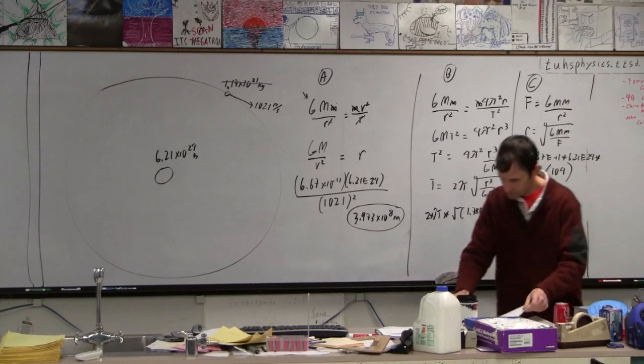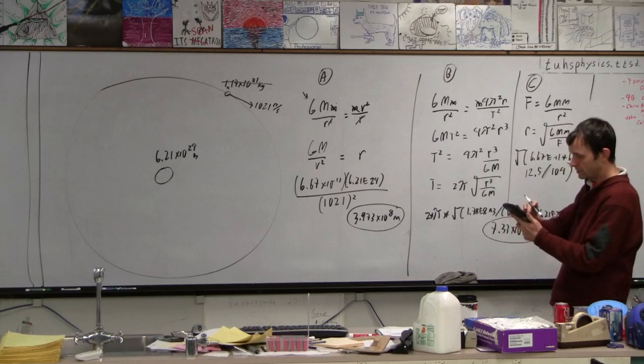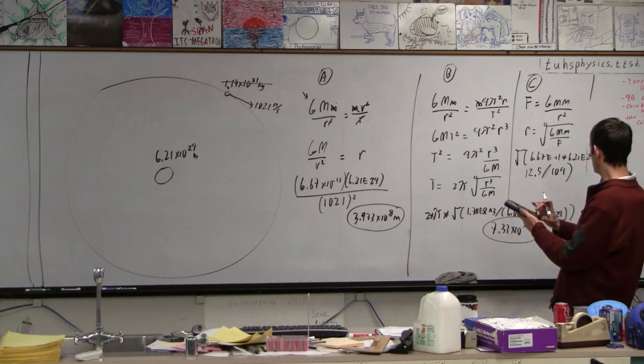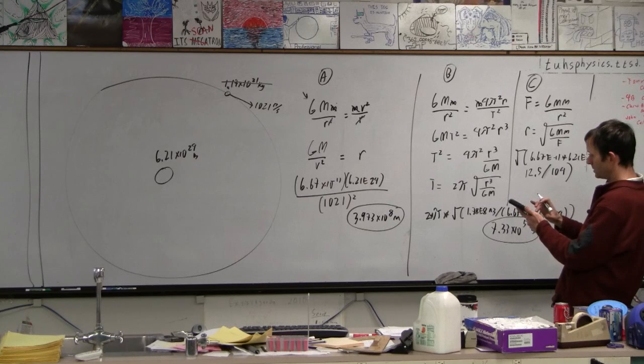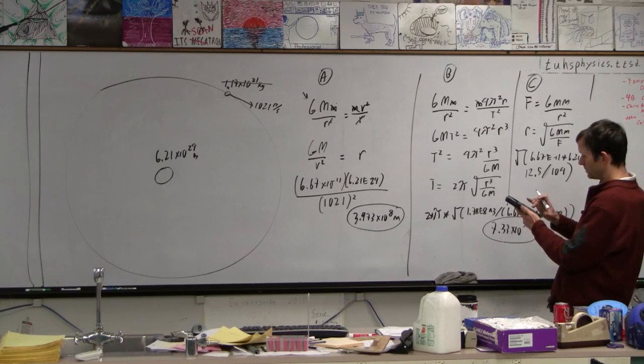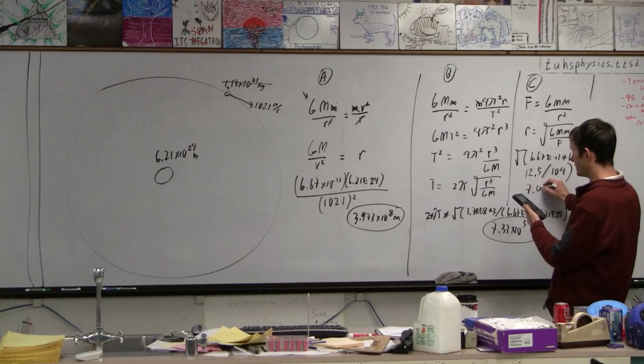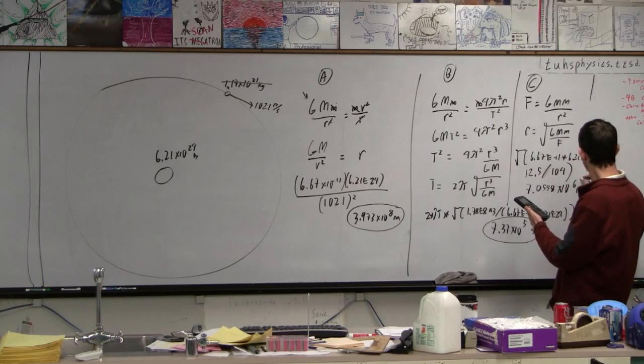So square root, left parenthesis, 6.67 E minus 11 times 6.21 E24 times 12.5 divided by 104. And I get that the radius is 7.0558 times 10 to the 6th meters.